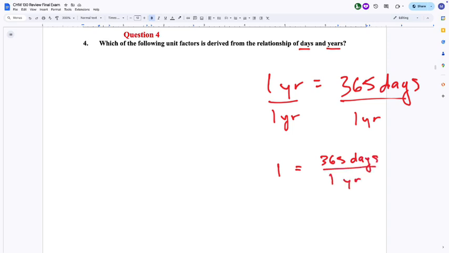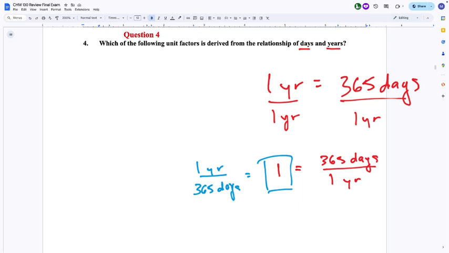When we think back to our conversion factors, they all equal 1, which is why we can just put random numbers into our conversions, because everything they are is 1. Okay? So that's a valid expression. I could have just as easily done the opposite, and I could get 1 year over 365 days. Still equals 1.